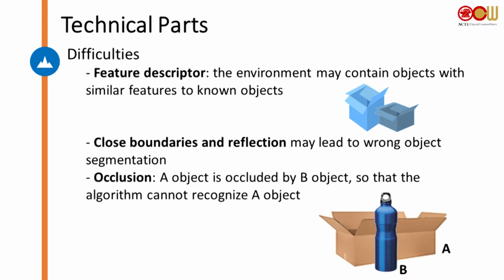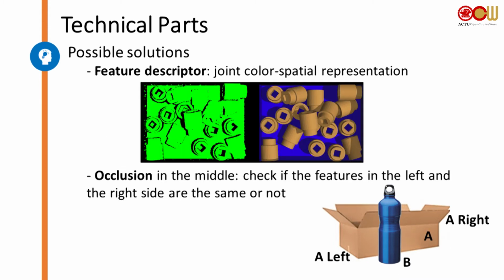The third one is occlusions. For example, if object A is occluded by object B, the algorithm may see object A as two close boundaries, so we cannot segment the object accurately. We have come up with some possible solutions to solve these problems.